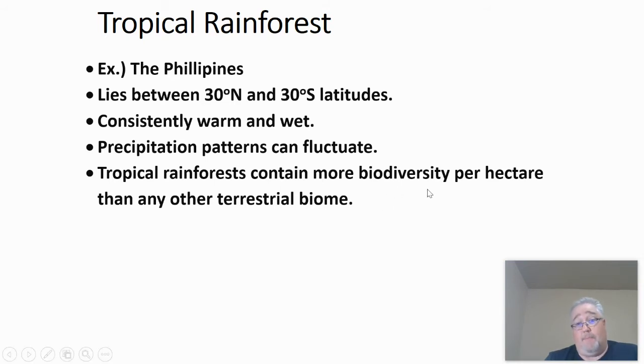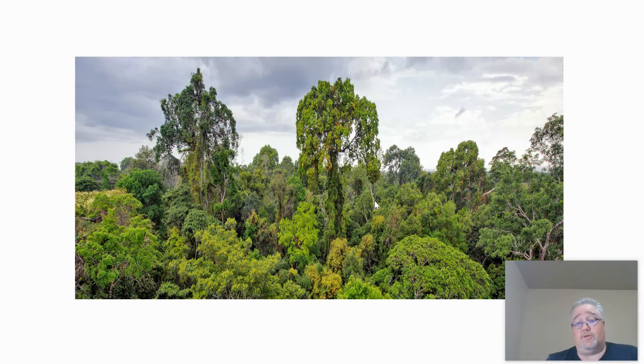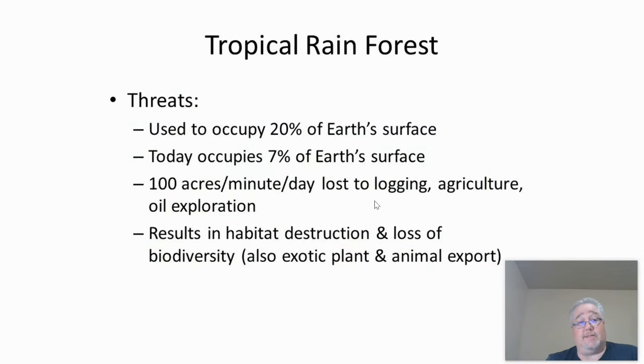So when it comes to biodiversity, it says here, rainforests contain more biodiversity per hectare than any other biome. That means there's more living things in 1 hectare of land in a rainforest than anywhere else in the entire world. So those are pretty diverse places.